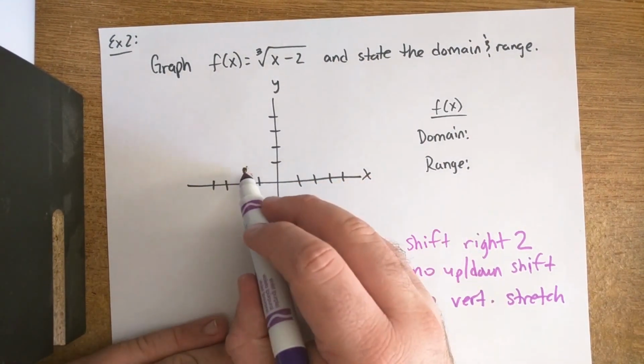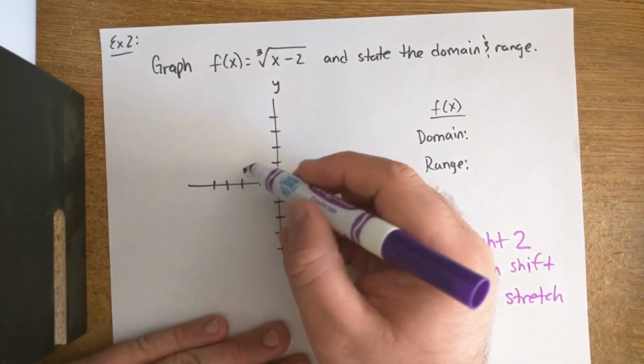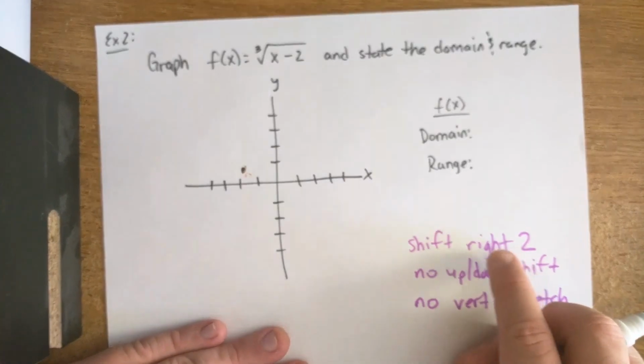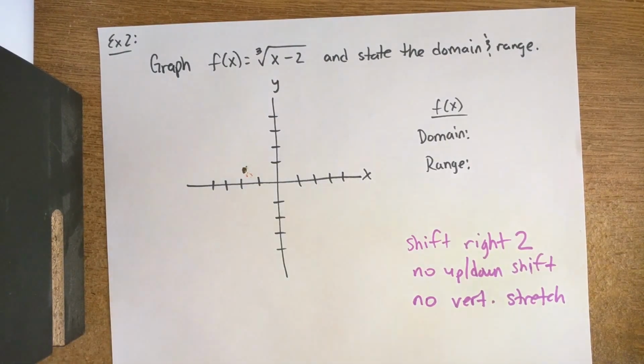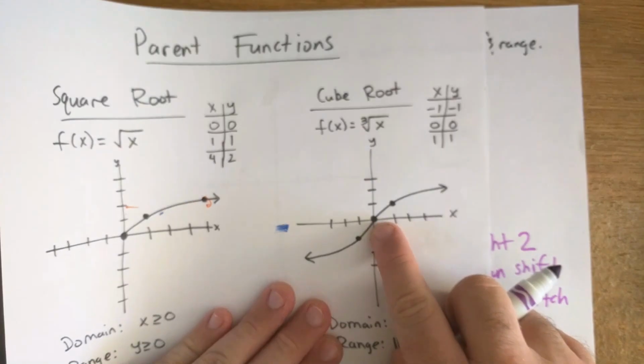Ooh, this dot right here is from the previous paper. It must have bled through, so ignore this dot right here, okay? Let's go ahead and graph shift right 2. So remember what the original graph, or the parent function of cube root, looks like. It looks like this.